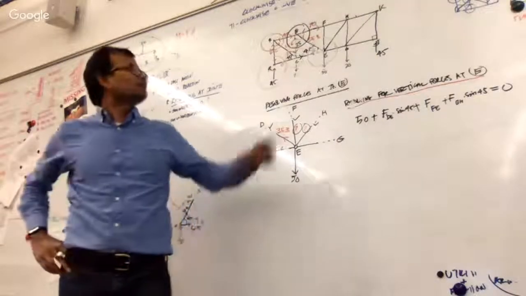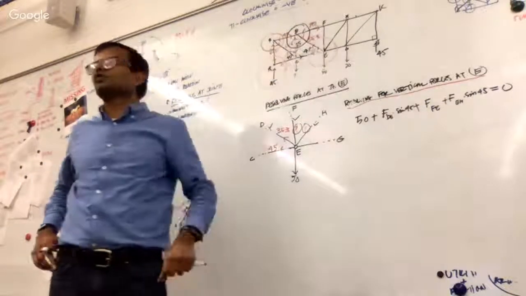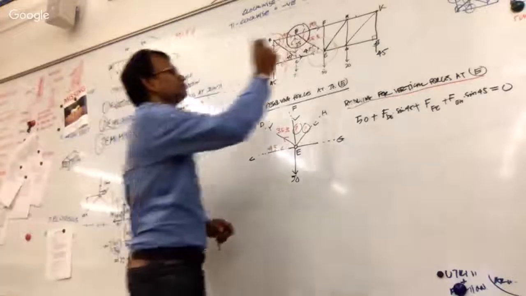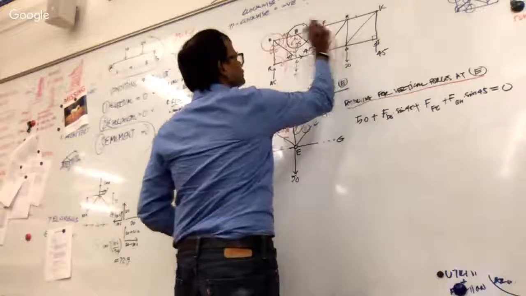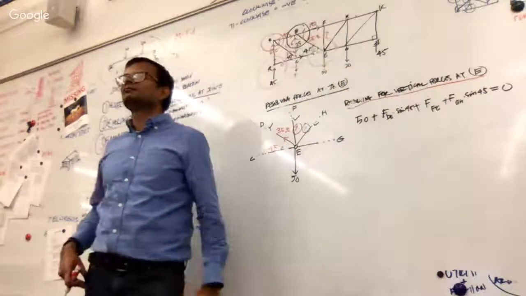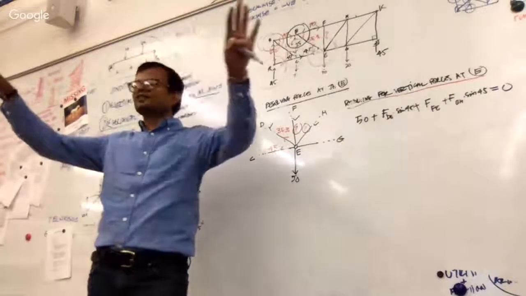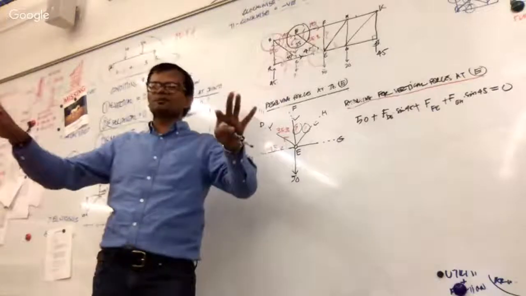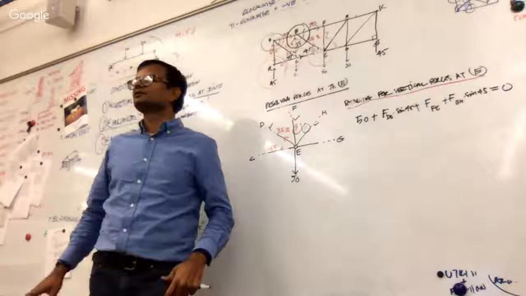So how much is the force in FE? How much is this force? That's the key to solving this problem. How much is this? 50. Ben says 50. Berta says 0. Okay, let me give you some numbers. How many of you go for 50? Let's have a show of hands. 50?